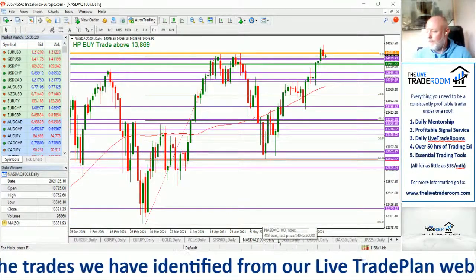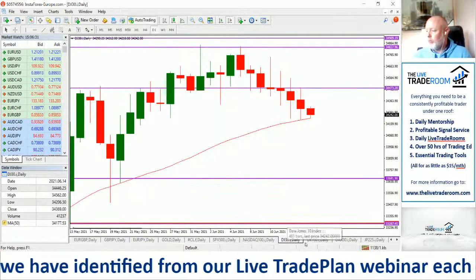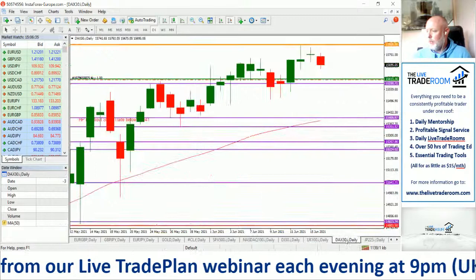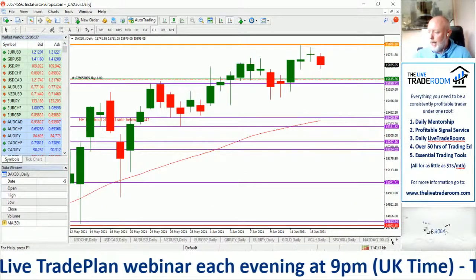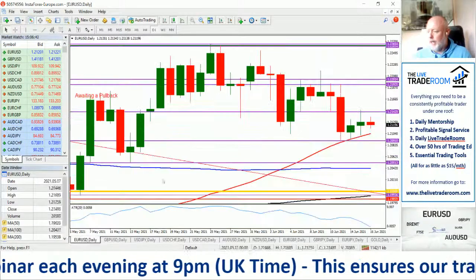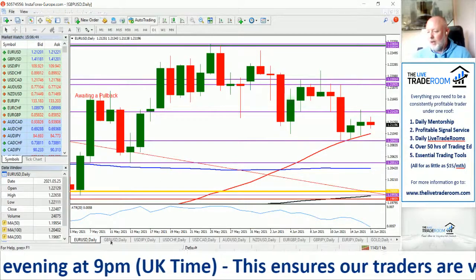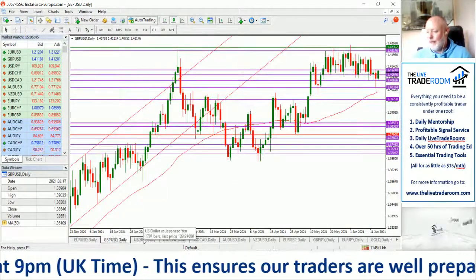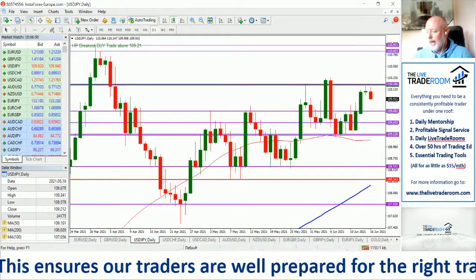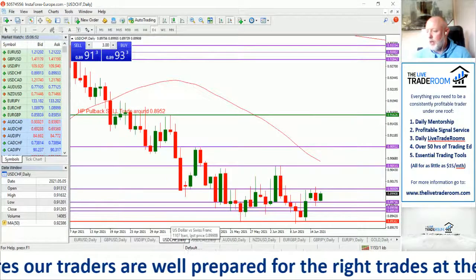There's probably a mild risk-off approach to these markets, so we could apply that logic and suggest that maybe there's a bit of upside for the US dollar, and we're not really seeing that either. In fact, the pound is much stronger than the US dollar, and the yen is performing better than the dollar.